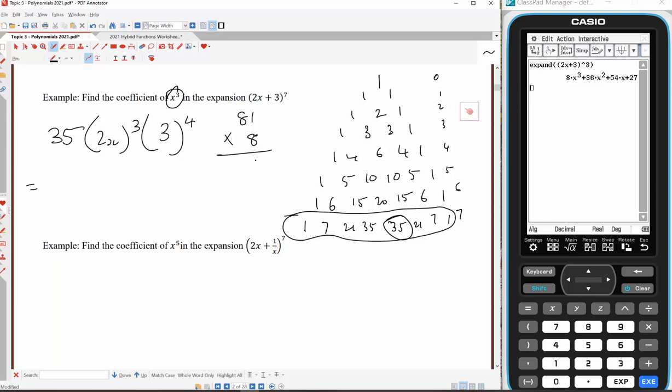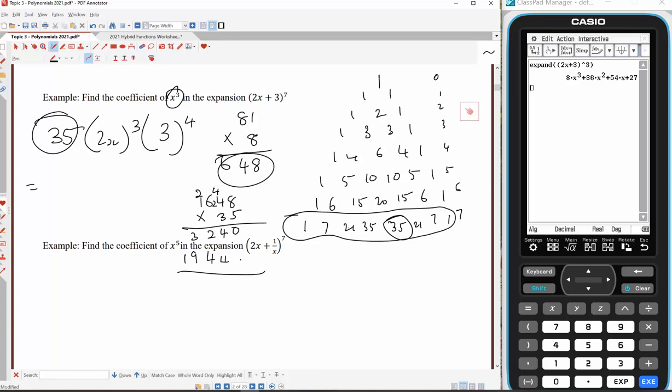So we're going to get 648, and then I'm going to multiply 648 by 35. 6 5s are 30, yep. 8 3s are 24, 2, 4 3s are 12, 14, 1, 6 3s are 18, 19. Right, let's tally it up.